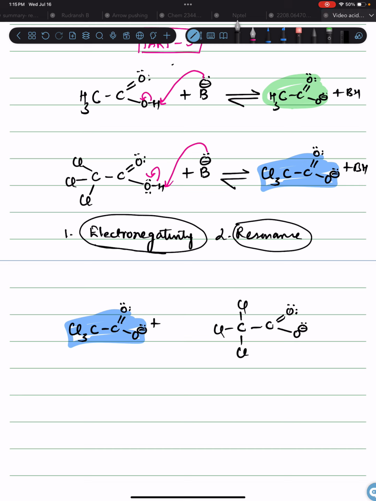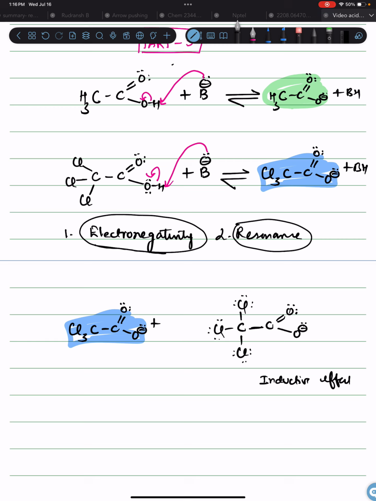These chlorines are electronegative; the electronegativity of chlorine is 3.0. Because of this, these chlorines withdraw the negative charge towards themselves, and this is called the inductive effect.